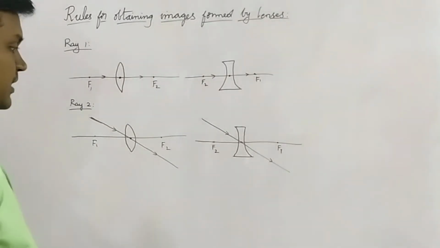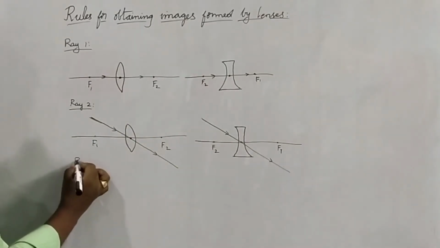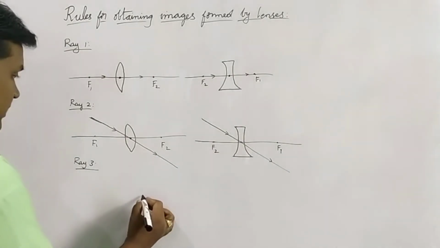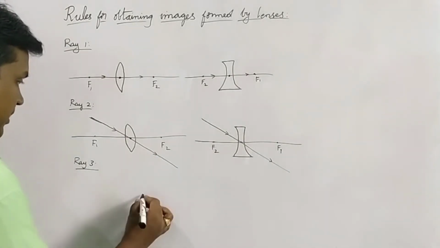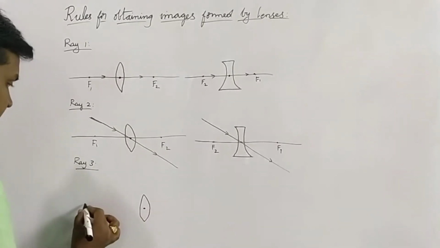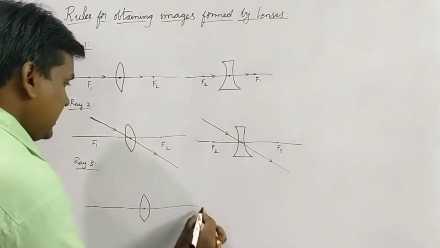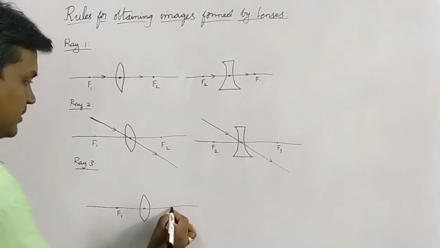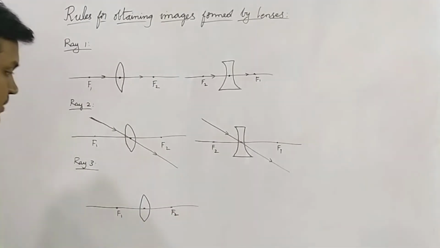And now coming to ray diagram 3. Now consider again a convex lens. This is the optical center and this is the principal axis and this is the focus for the first surface and this is the focus for the second surface.